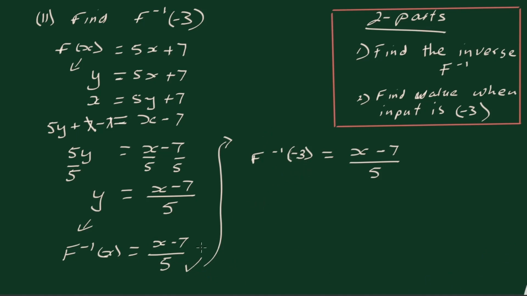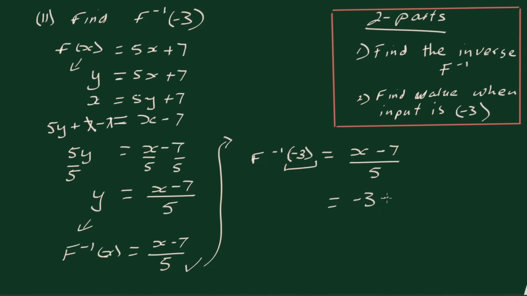Now, after having worked out my inverse function, I need to find the second part. In the second part, we want to find the value of the function when the input to the function is -3. So again, this indicates the input to the function. Anywhere I see x, I'm going to replace it by -3.